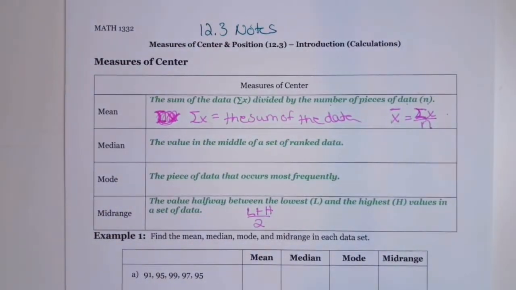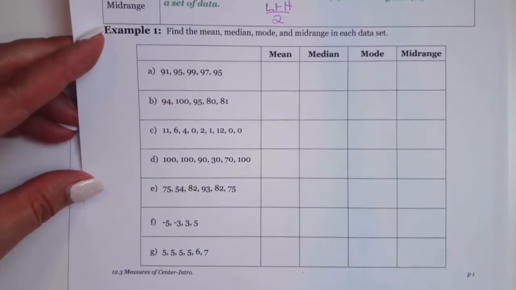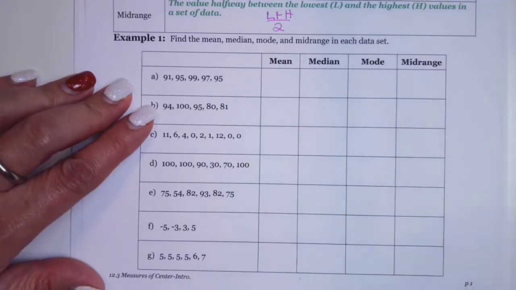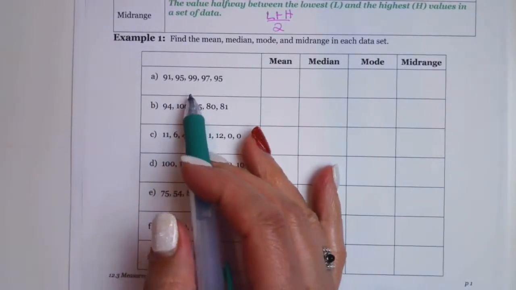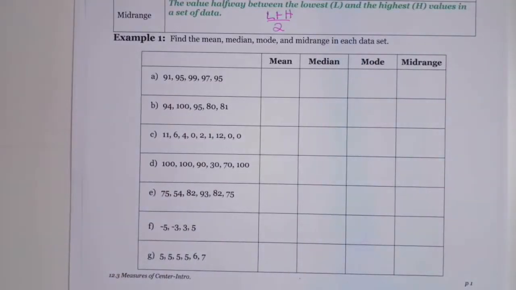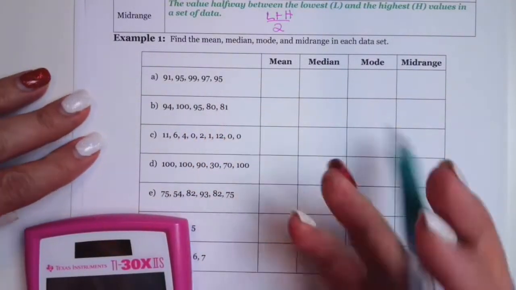Okay, so let's look at how we do that in example 1. We're supposed to find the mean, median, mode, and mid-range in each data set. For A, we have 91, 95, 99, 97, and 95.